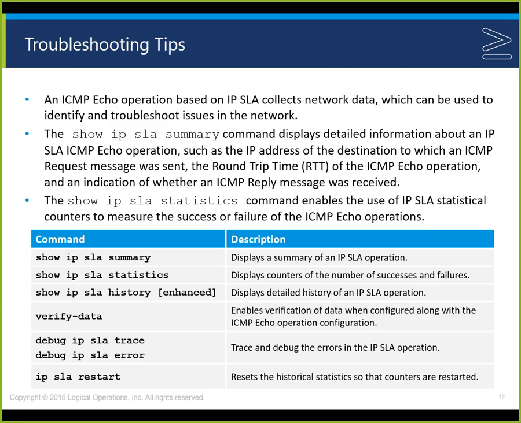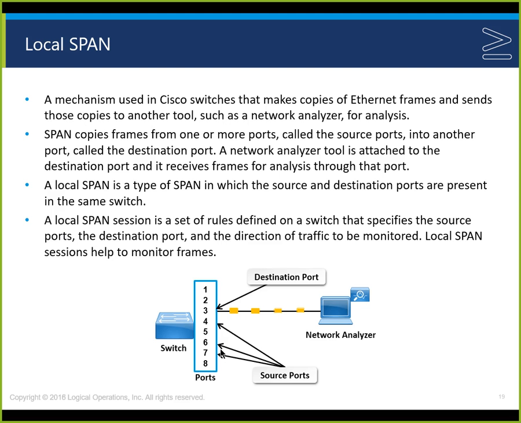The summary and the chart at the bottom there displays the summary of the SLA operation, detail, history, debug, trace. The debug command again tells us exactly what's going on in the device.